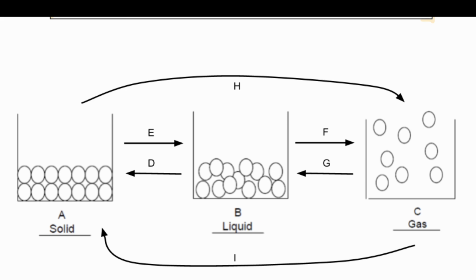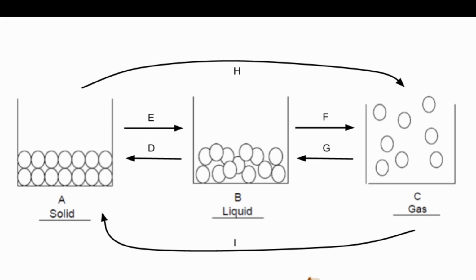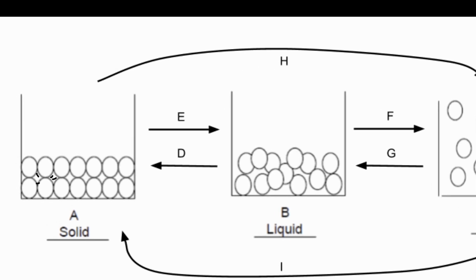So in this chart, starting out on the left, we have solids going to liquid to gas. Notice how for the solids, all of those particles are really, really close together. It's important that you remember that for a solid, the particles are going to be really tightly packed. Another way we can say this is that they have more order or less disorder.